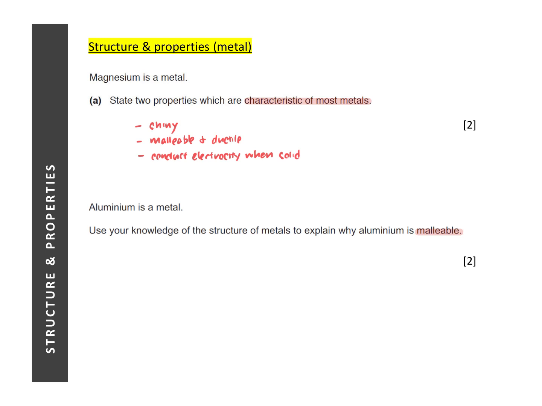Now the answer given by Cambridge goes something like this, that the atoms have an ordered arrangement, are orderly arranged in layers. Okay, so when a force is applied, the layers can easily slide over one another.